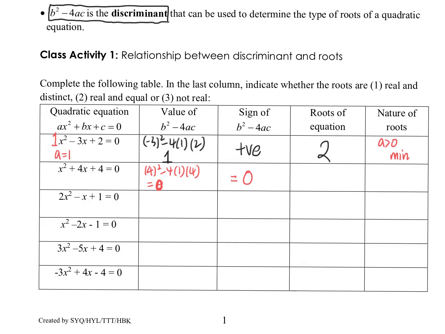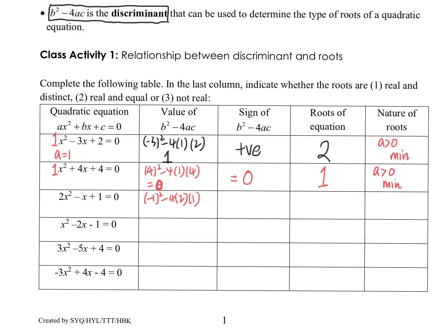So how many roots do you have? 2 equal and repeated, but there's only one answer. So what's the nature here? Positive means happy, means minimum. Just practicing this one.